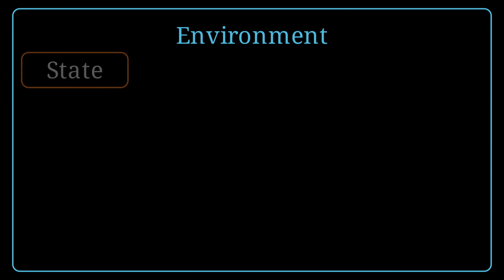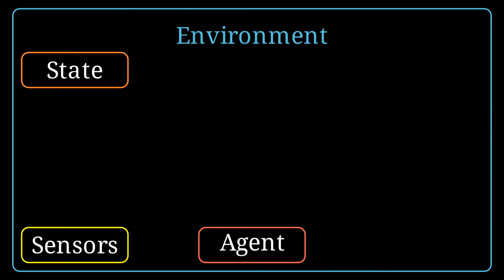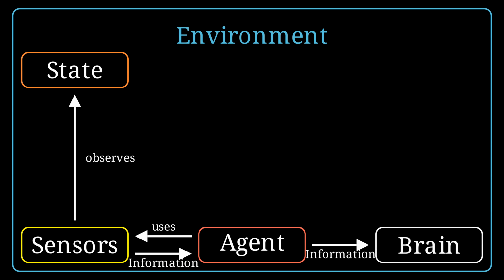In reinforcement learning, we have a robot or an agent inside an environment. This environment we build with Unity. Inside this environment, we have the agent who can use sensors to observe the state of the environment. These sensors then give information to the agent, which the agent can forward to its brain.